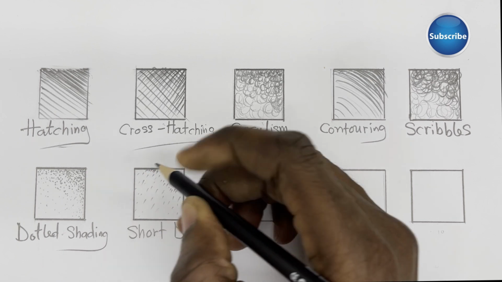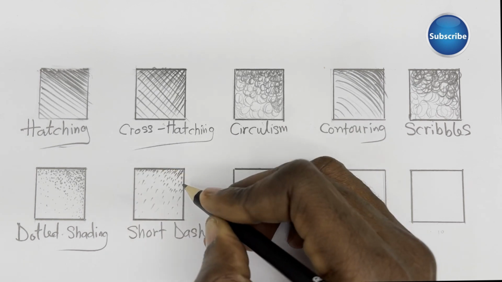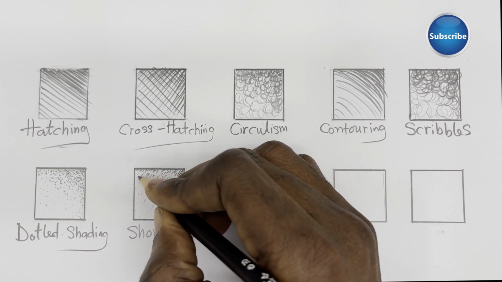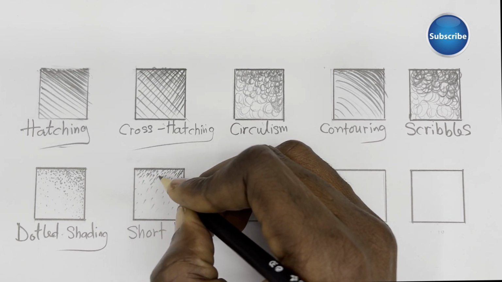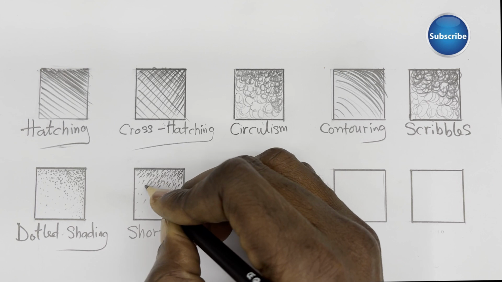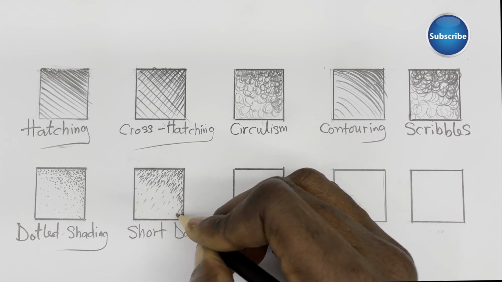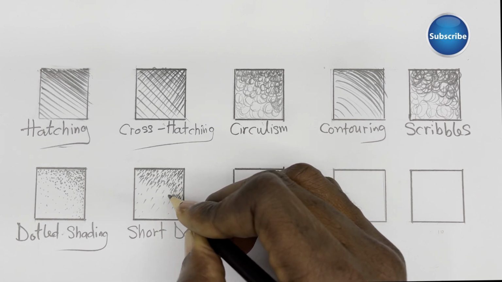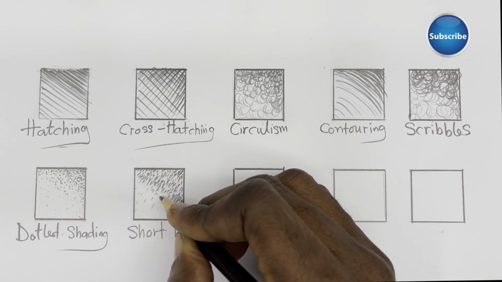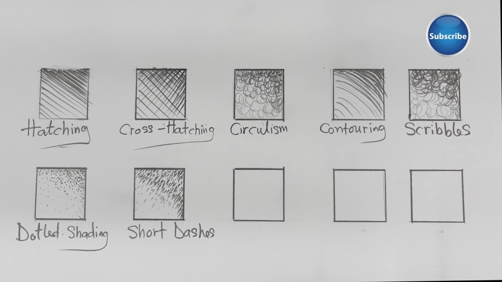Where the lines are closer to each other, it shows our dark area. Okay, so that's how it looks.